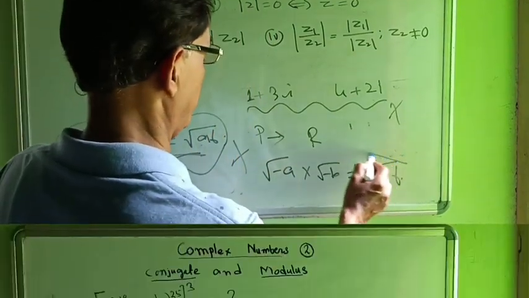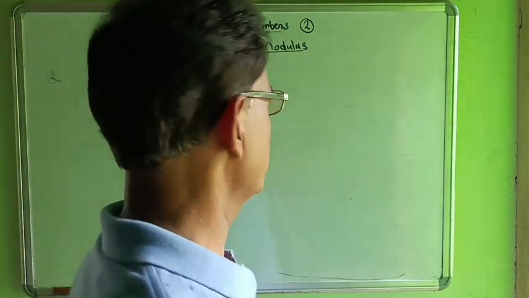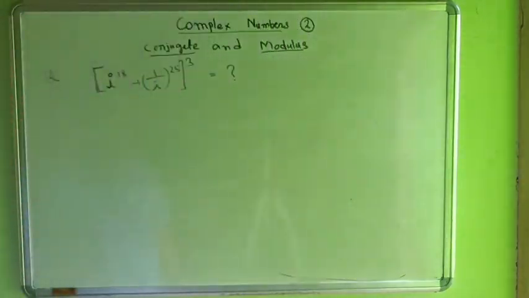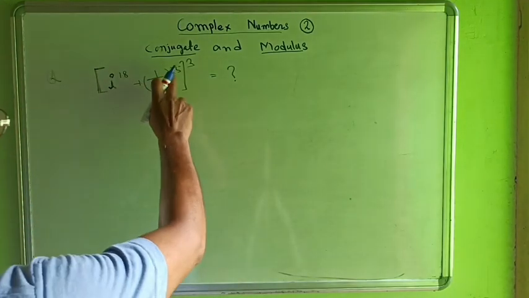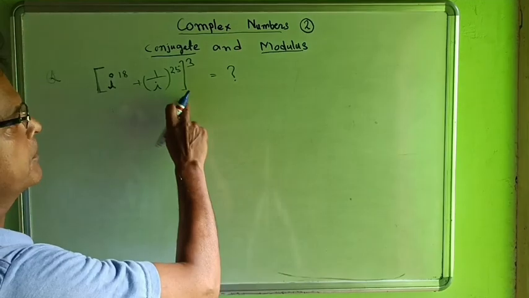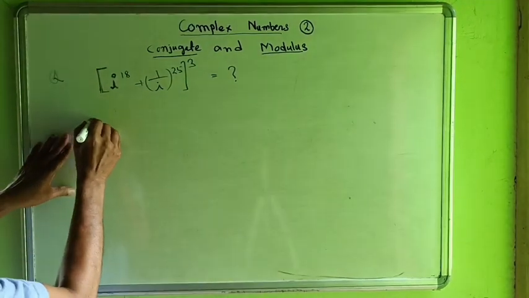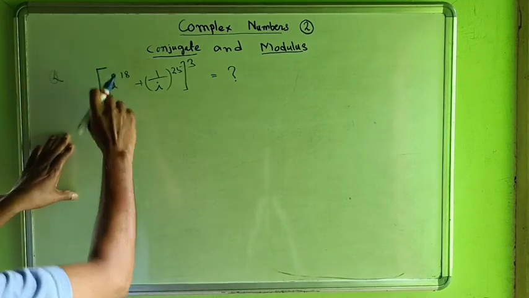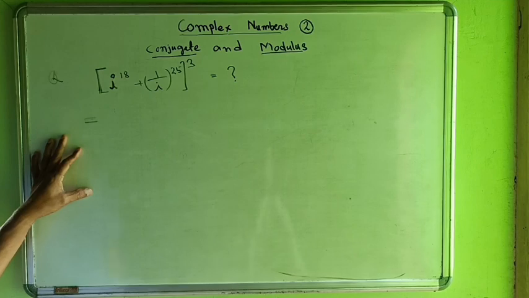Very important. We are going to discuss some important problems based on conjugate, modulus and imaginary numbers. The problem is this: (i to the power 18 plus 1 by i) whole to the power 25, whole to the power 3, is equal to what? Solution. We can say that i to the power 18 means i to the power 16, which equals 1, into i square.